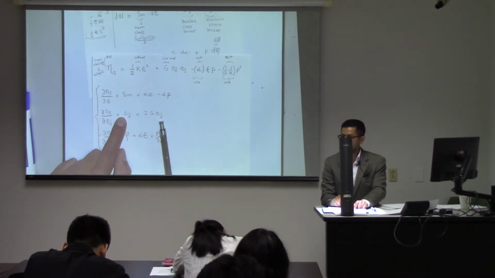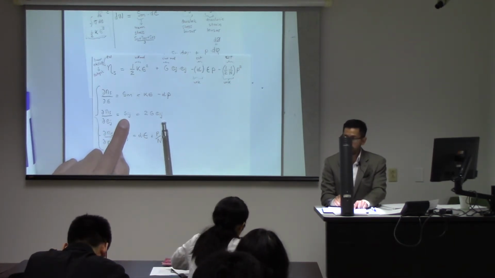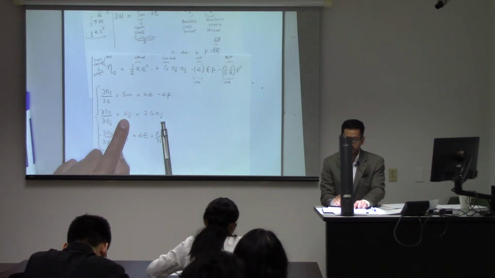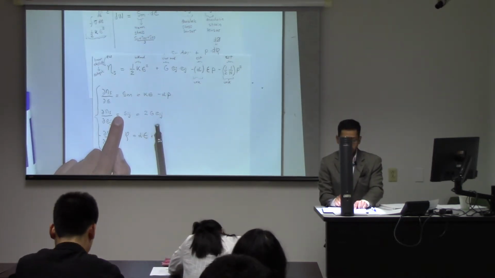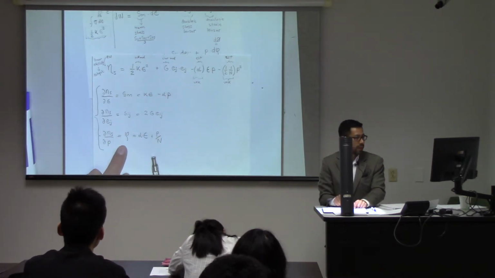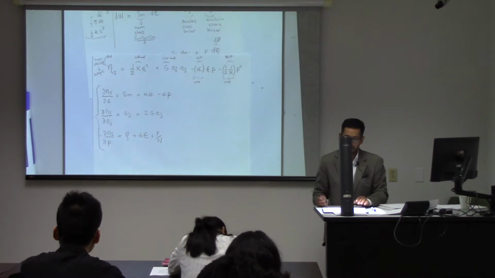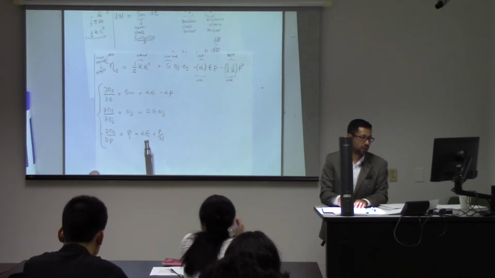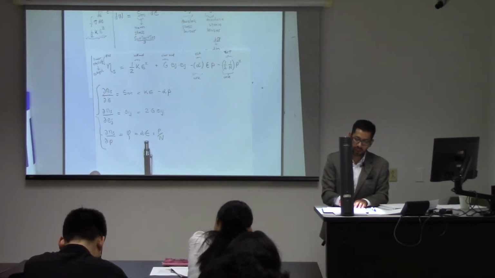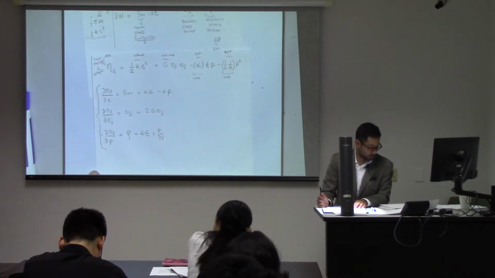This one remains the same as before: shear strain is equal to the shear stress divided by 2 times the shear modulus. And we have a new equation here for the change of porosity that depends on volumetric strain and also on pressure through these two coefficients.